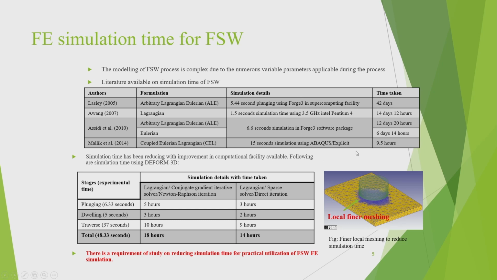This was the physical experiment, but when we use the Lagrangian conjugate gradient iterative solver using Newton-Raphson iteration, you see that total time it took 18 hours, and if we use the Lagrangian sparse solver direct iteration, it took 14 hours. So you see that even then it is taking a huge amount of time. So there is a requirement of study on reducing simulation time for practical utilization of FSW FE simulation.